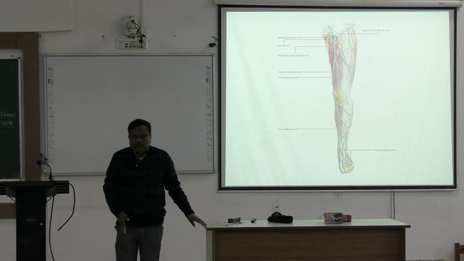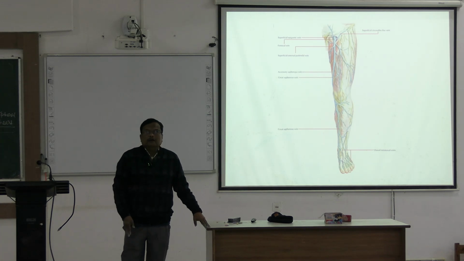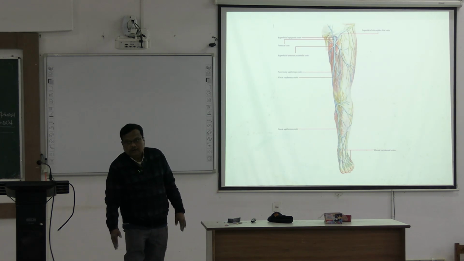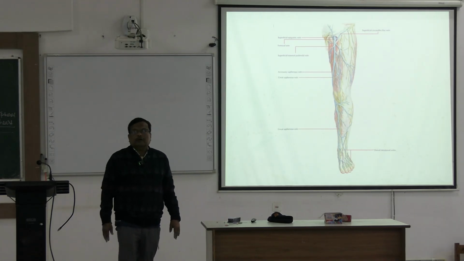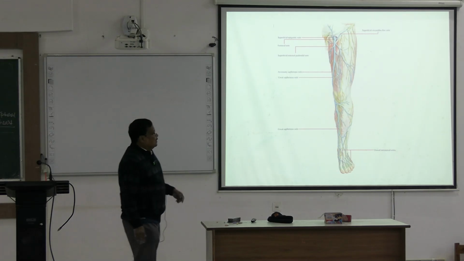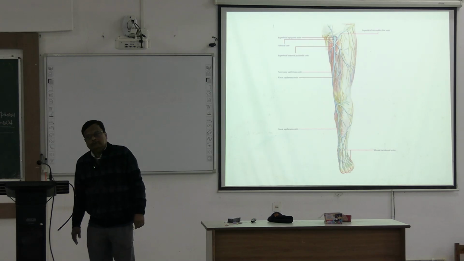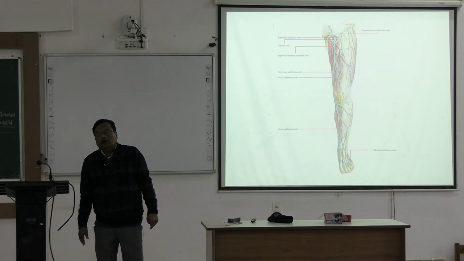Similarly, in the leg, the great toe and the medial side is called the preaxial border, and the little toe and the lateral side of the leg and the lateral side of the thigh we call the postaxial border. So it is called the preaxial vein of the lower limb. Similarly, the cephalic vein is the preaxial vein of the upper limb.